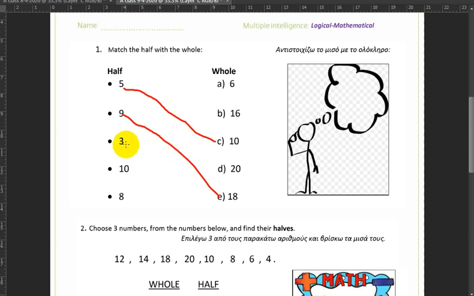If 3 is the half, then the whole is going to be 3 plus 3, which makes 6. If 10 is the half, then the whole is going to be 10 plus 10, which is 20. And then we have 8 plus 8, which makes 16.